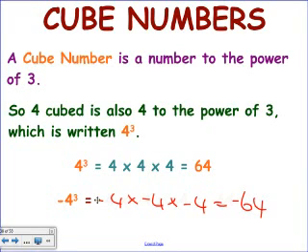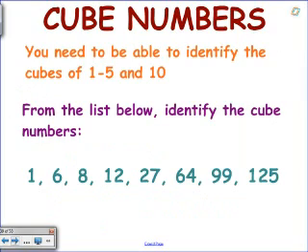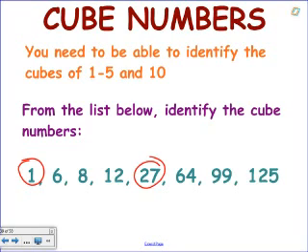So when you cube a negative number, it gives you a negative result. Okay? Good. Like I said, you have to identify the cube numbers of 1 to 5 and the cube of 10. So which ones are cube numbers here? 1. 27. 64. 125. That's it.